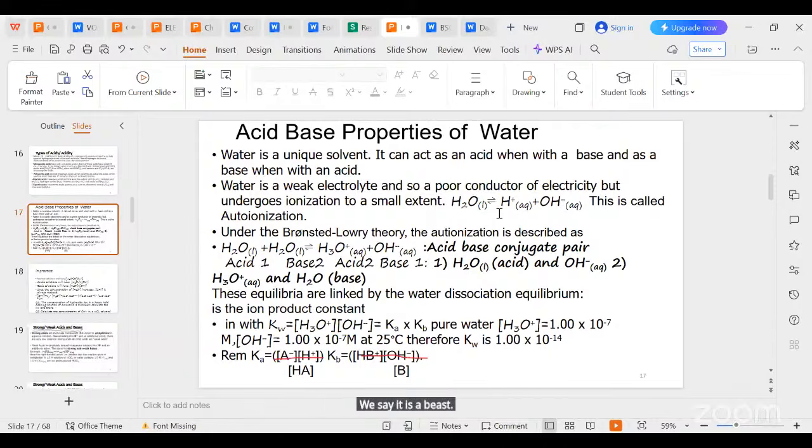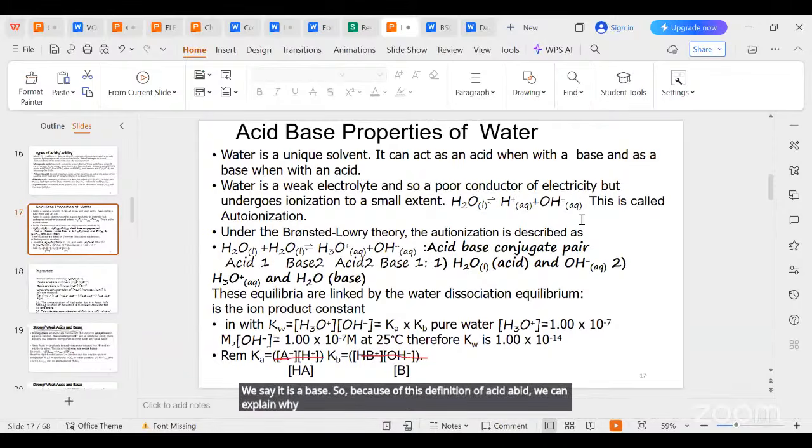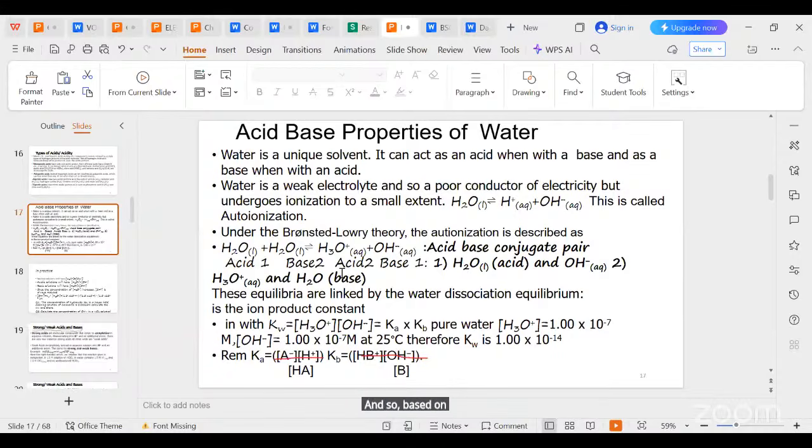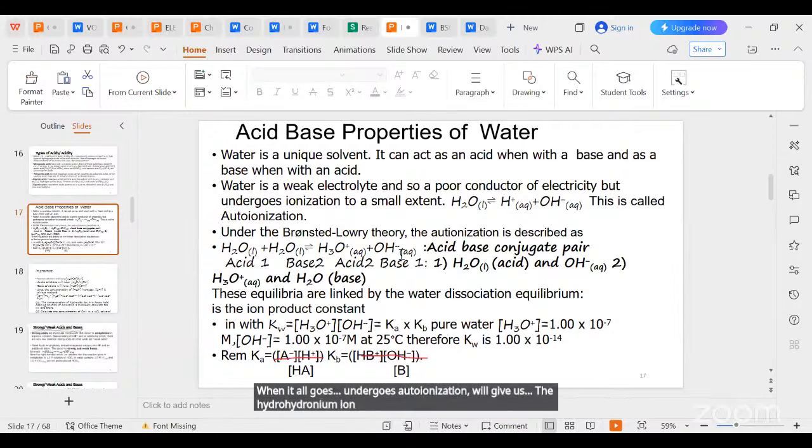So because of this definition of acid and base, we can explain why water is made up of hydrogen plus and OH minus. And we call this autoionization. And so based on Bronsted-Lowry theory, we can now say that water, when it undergoes autoionization, will give us the hydronium ion and the OH ion.